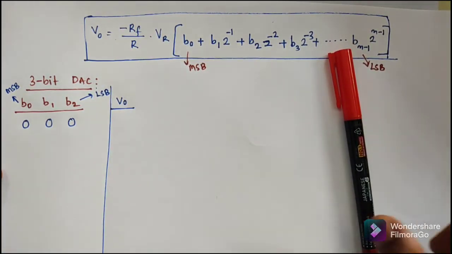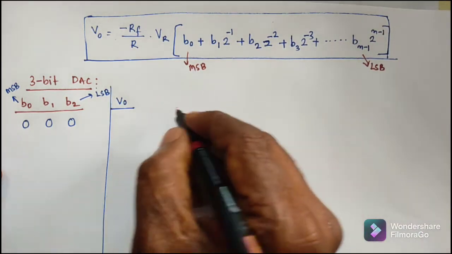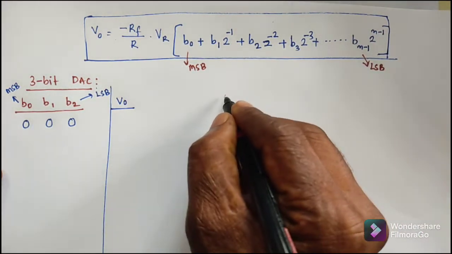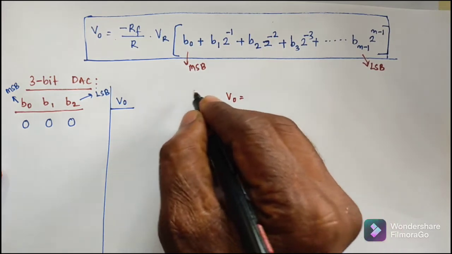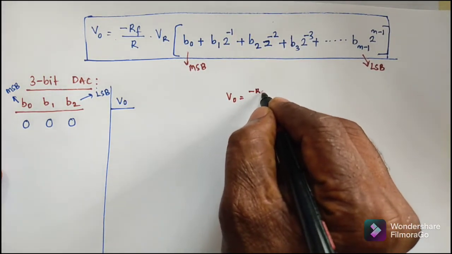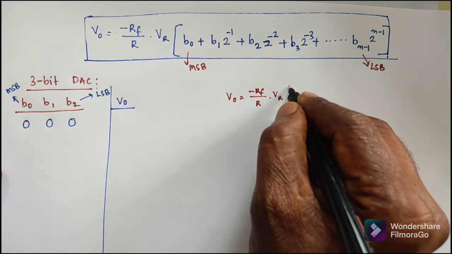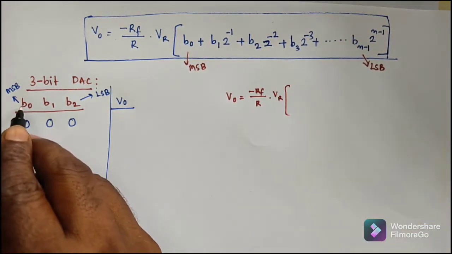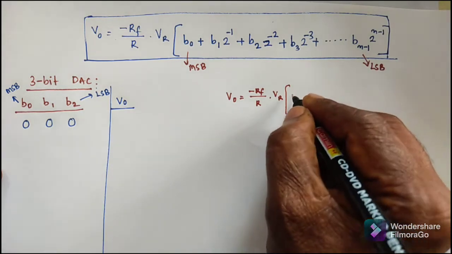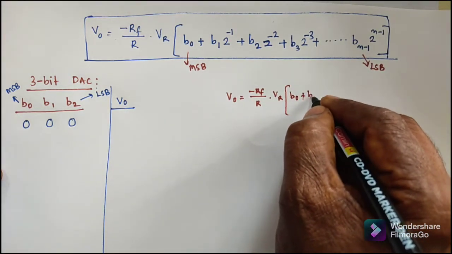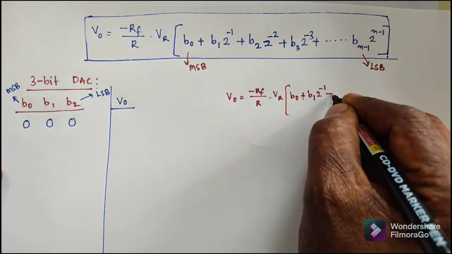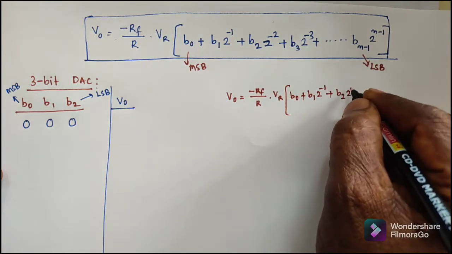Now I have to represent this function here. Then you can calculate for this bit V0 is equal to minus RF by R into VR. In this case, MSB, all 3 members. Finally you can replace B0 plus B1 2 to the power of minus 1 plus B2 2 to the power of minus 2.